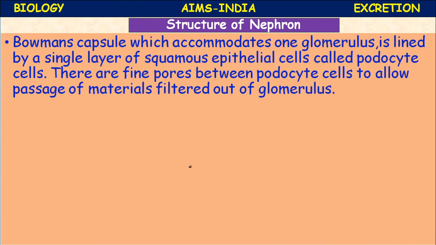There are very fine pores, like a sieve, between the podocyte cells, which allow the passage of materials filtered out of the glomerulus and act like a filter bed.